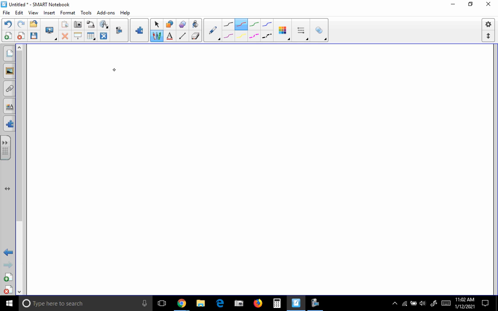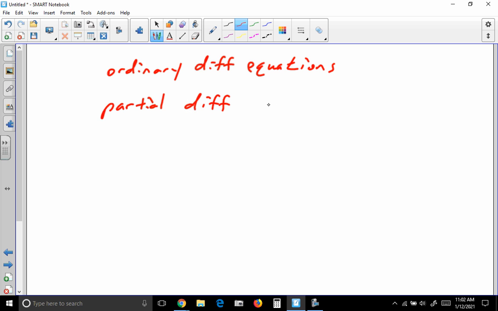Something else we want to keep in mind is the difference between ordinary differential equations and partial differential equations. In this class, we're going to be dealing almost exclusively with ordinary differential equations. An ordinary differential equation is a differential equation that only has your regular differentials in it. So dy/dt plus 7y equals 4t.